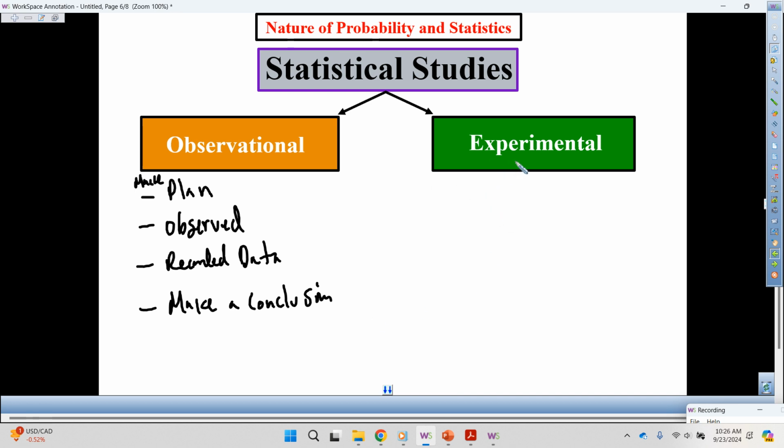So, neighbor, what's different now for an experimental study? Talk about your neighbor. What is different for an experimental study?